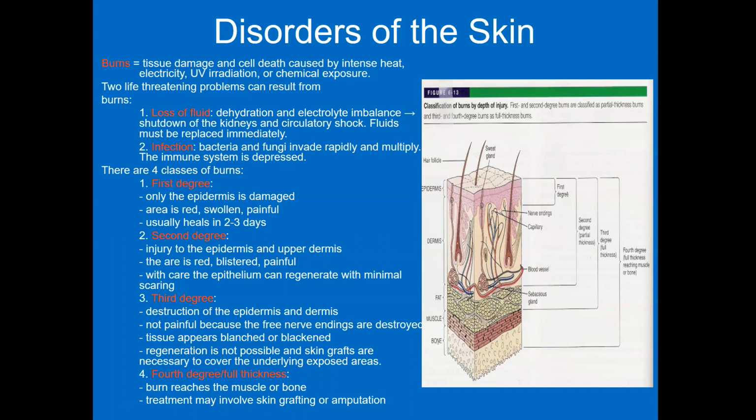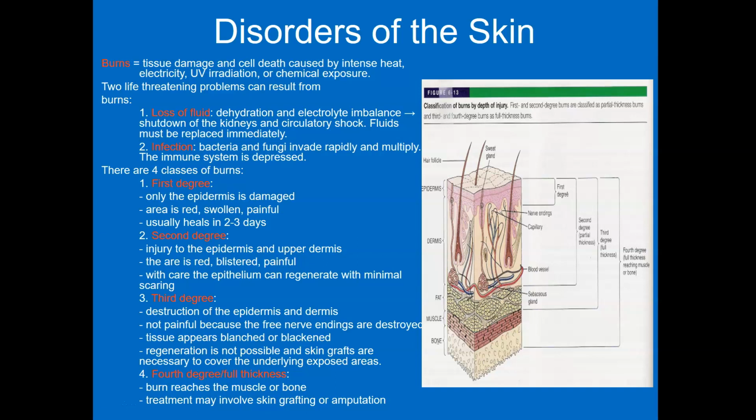Circulatory shock happens when the kidneys are no longer functioning properly, and there's a lot of, let's just say, chemical signaling in the system brought on by the inflammation of the burn, producing toxins, and basically your body gets poisoned by the dead skin debris, all right?